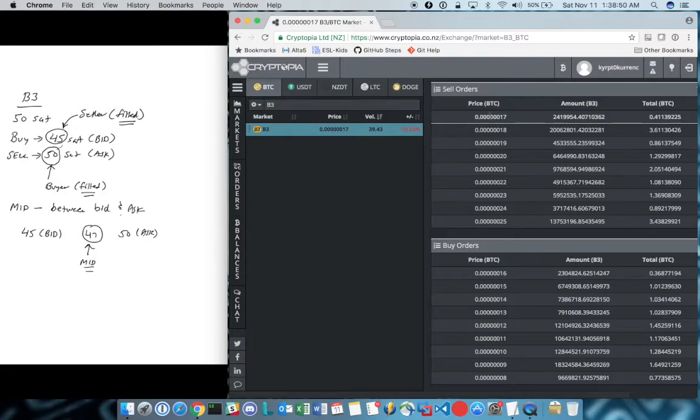And your order will sit on the exchange, everyone will see the order, and then they can mull it over whether they want to come up a tick or two. And you'll see people on the buying side. If you're selling B3, for example, don't take lowball offers, right?